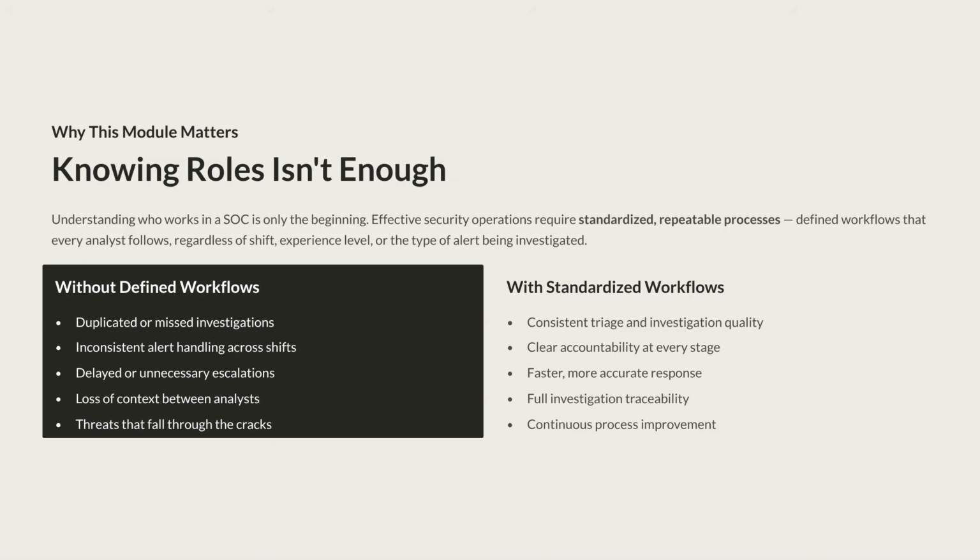And because a SOC can receive hundreds or thousands of alerts, we cannot simply investigate everything in the order it arrives. That brings us to prioritization. Most SOC environments use some form of severity classification, such as critical, high, medium, and low. Critical alerts normally represent situations where immediate action may be required. Think about active ransomware behavior, confirmed data exfiltration, or evidence that a privileged account has been compromised and is actively being abused.